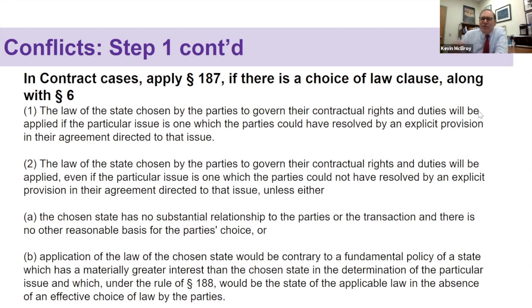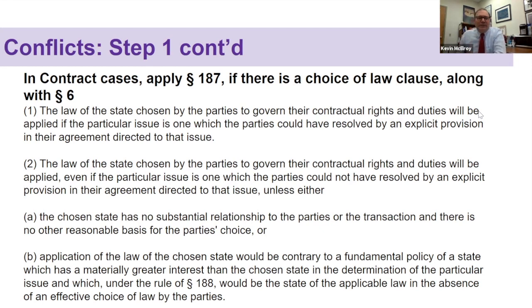So again, this is a contract case where there's a choice of law rule. One, the law of the state chosen by the parties to govern their contractual rights and duties will be applied if the particular issue is one which the parties could have resolved by an explicit provision in their agreement directed to that issue. Get to that in a minute.